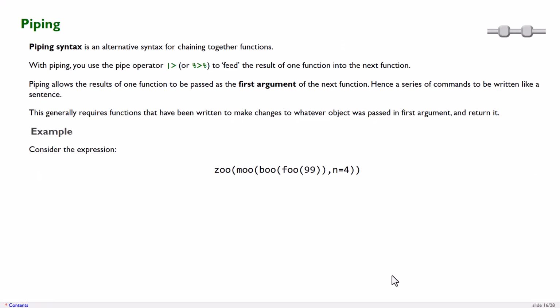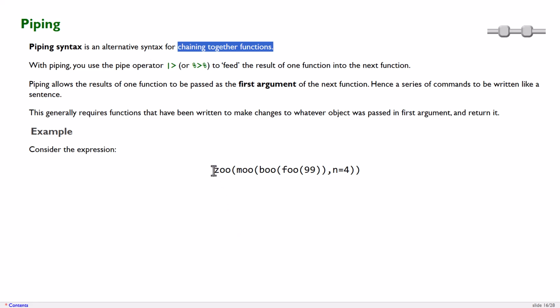So let's talk a little bit about piping syntax, because that is one of the features of the tidyverse packages and many other packages out there as well. Piping is a syntax for essentially writing chains of functions in an easier form.